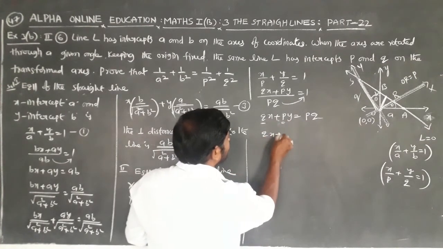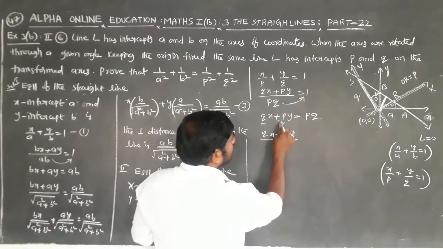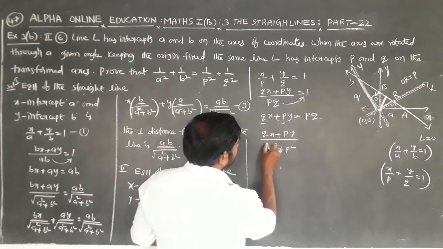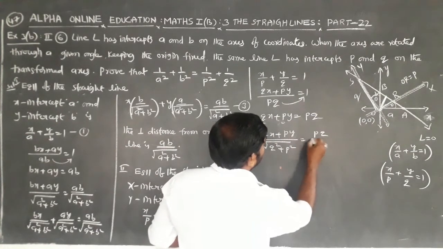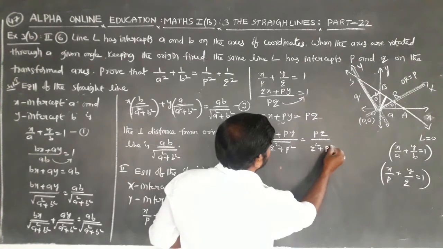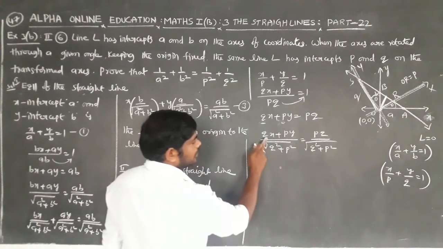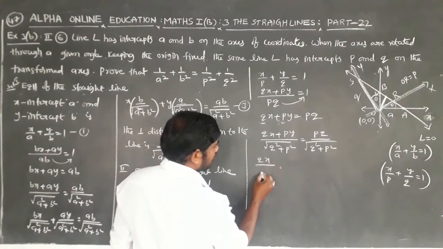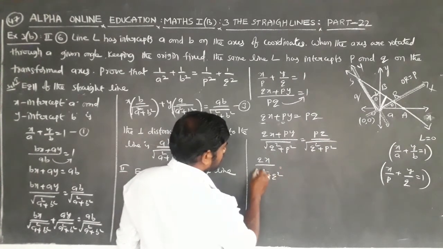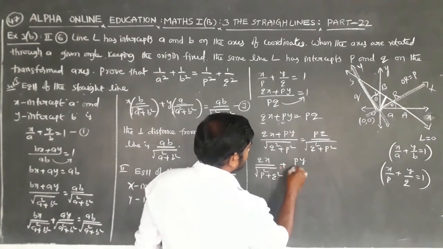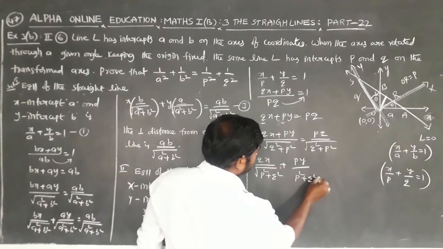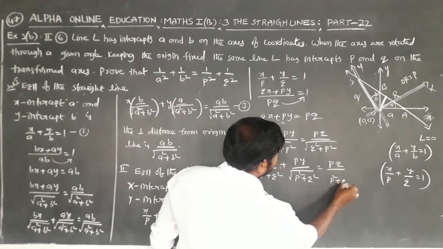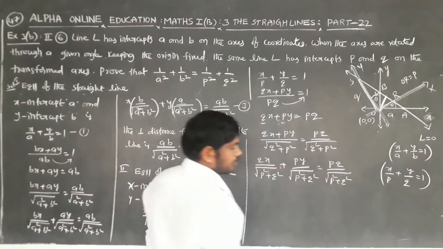So both sides are divided by the square root of Q square plus P square. Qx by the square root of P square plus Q square plus Py by the square root of P square plus Q square is equal to PQ by the square root of P square plus Q square.